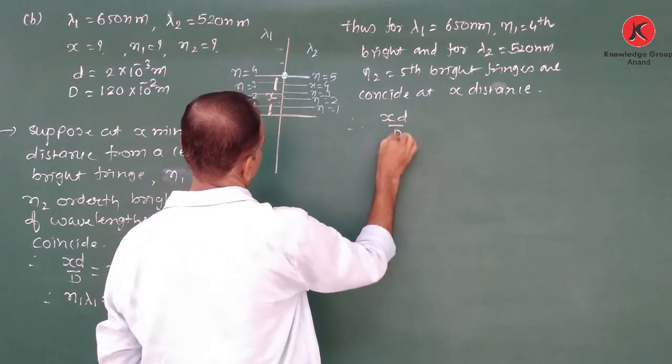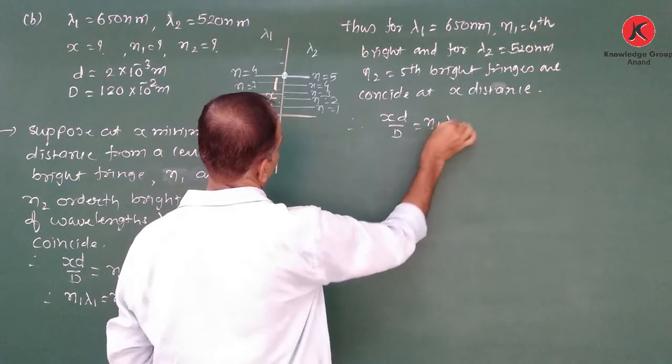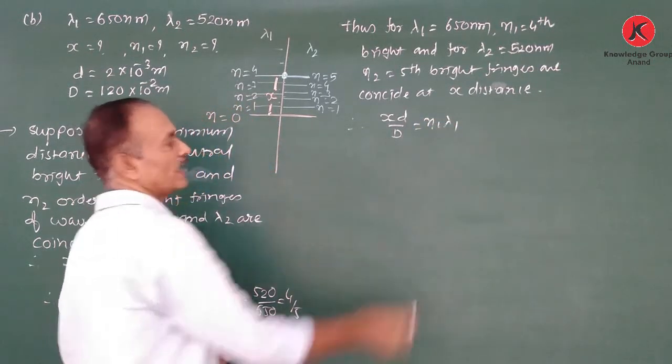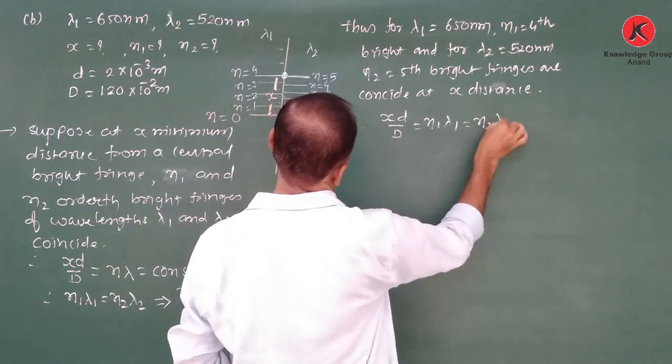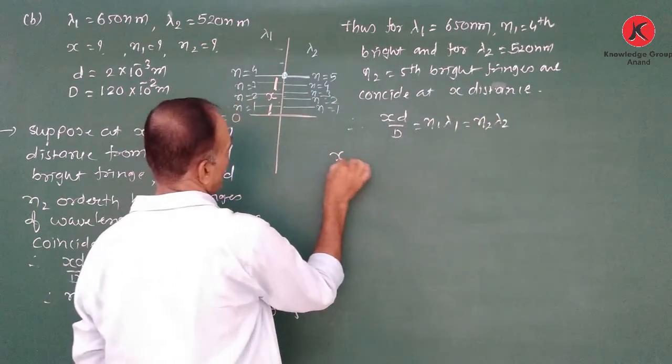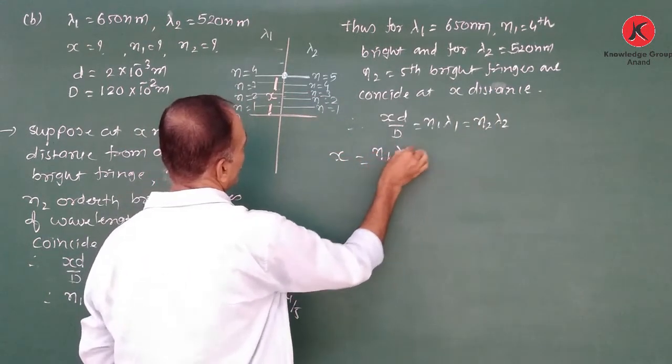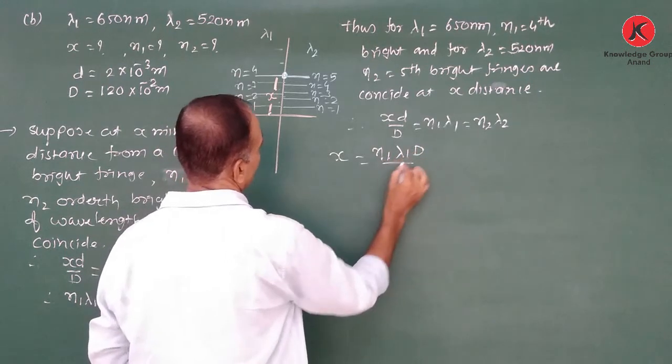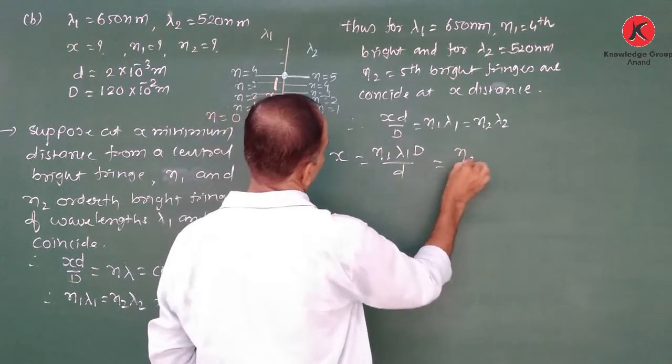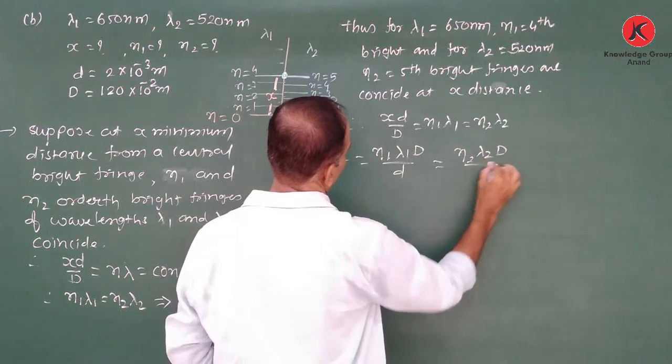Therefore, xD upon capital B is equal to n1 lambda 1 or n2 lambda 2. Therefore, x is equal to n1 lambda 1 capital D upon small d, or n2 lambda 2 D upon small d.